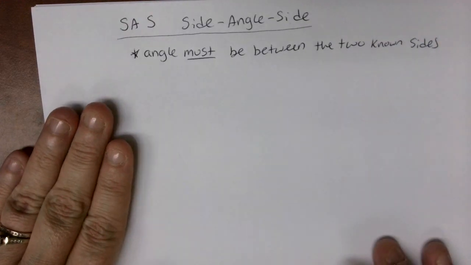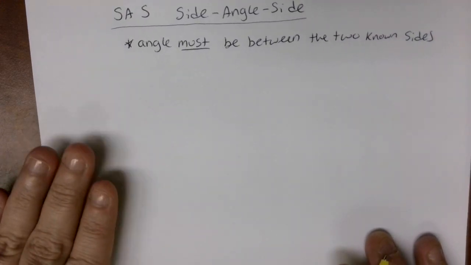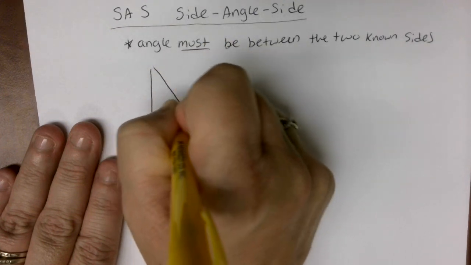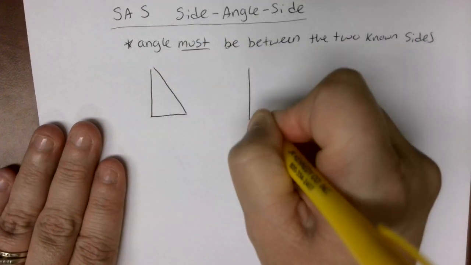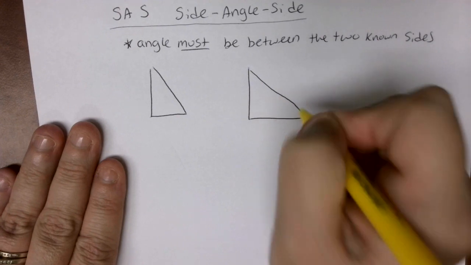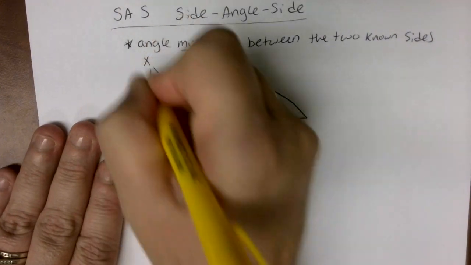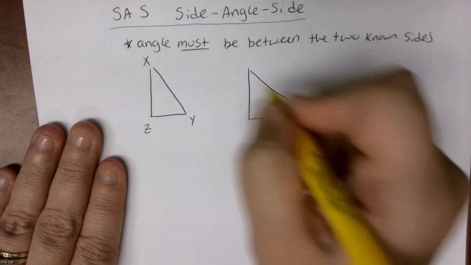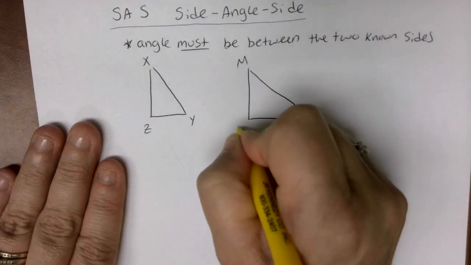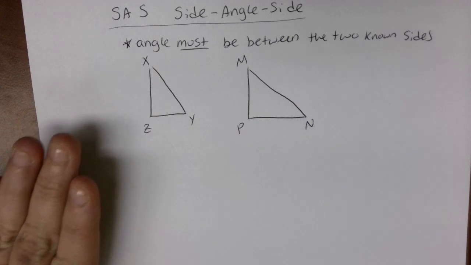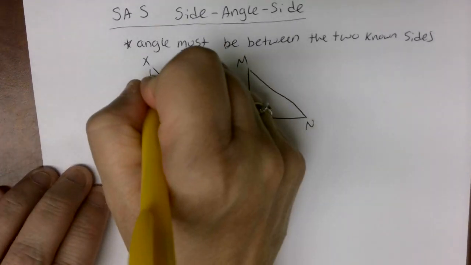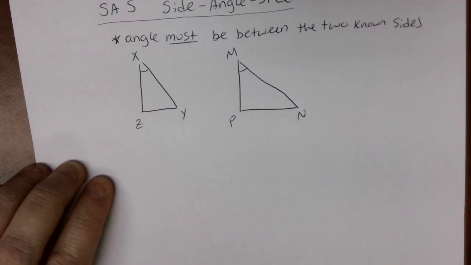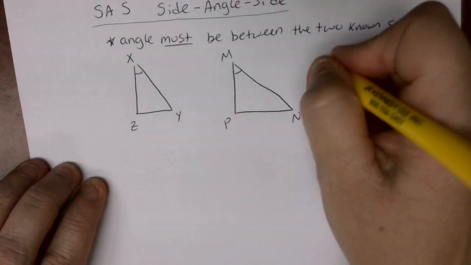Okay, so we'll look at a couple examples. So just kind of a visual, I guess, first. So let's say this is X, Y, and Z, and M, N, and P. Okay, so if we have two angles that we know are the same, remember we talked about those marks a little bit yesterday. So those two angles are the same.